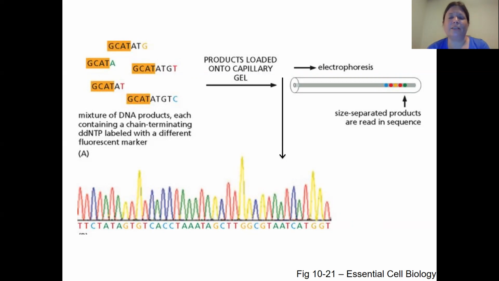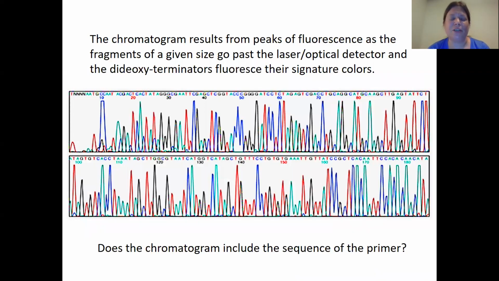And as those products go past the laser on the sequencing machine, they will glow the corresponding color, which will be recorded, and an algorithm will assign letters to that. This is what your sequence file output would look like. It's another of those things where there are many names for the same thing.